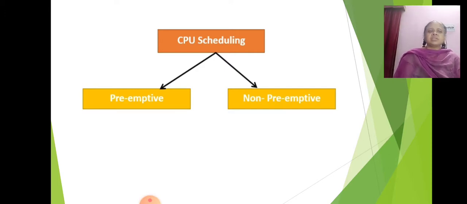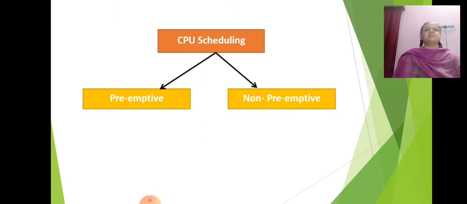There is a choice, however, for situations 2 and 3. Situation 2 is when a process switches from the running state to the ready state, and situation 3 is when a process switches from the waiting state to the ready state. When scheduling takes place only under circumstances 1 and 4, we say that the scheduling scheme is non-preemptive or cooperative.